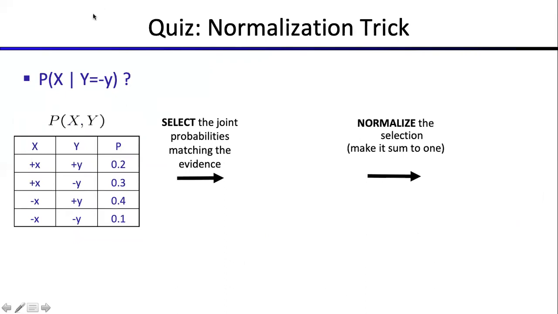सेम इज द केस फॉर दिस अगर मैं यहाँ से like conditional probability of x given y is equal to minus y निकालना चाहता हूँ so what would be the final answer अगर आप normalization trick से करना चाहते हैं तो that will be relatively easier आप बहुत quickly कर सकते हैं तो आप वो रोज आइडेंटिफाई कर लें जिनमें y is equal to minus y है एक सब टेबल बना लें और फिर उसको नॉर्मलाइज कर दें so what will be the value जी.